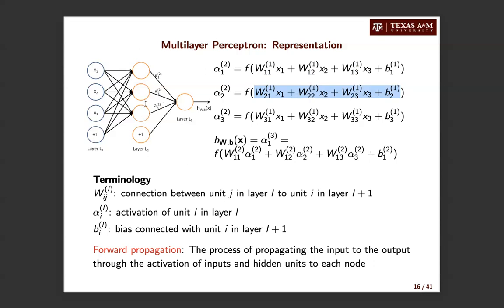Now, if we want to represent the connections between the second and the third layer of the neural network, essentially the hidden layer and the output layer in our case, we are going to use this exponent 2 for the weights. So in a very similar manner now, if we want to represent the output of the neural network, we have to connect all these different nodes of the first hidden layer. And in this case, this is the only hidden layer. So we're going to use those weights, W11, W12, and W13, with an exponent of 2, because these are the weights that connect the second layer with the third layer of the network.